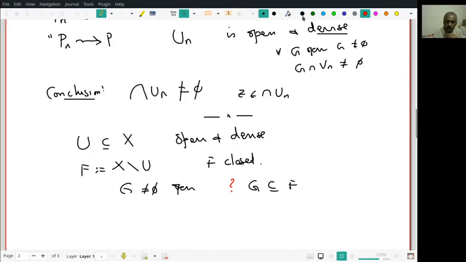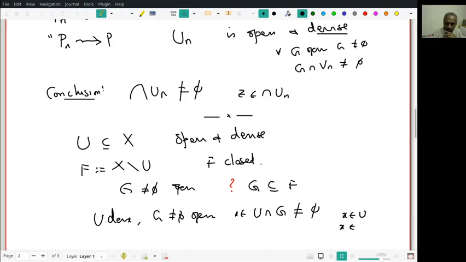Therefore, since U is dense and G is non-empty and open, what do I know? I know U intersection G must be non-empty. That means there is an element x in U which is also in G. That means x belongs to G, x is in U and x belongs to G. But G is contained in X minus U. That means x also belongs to X minus U, so x is not in U, a contradiction.